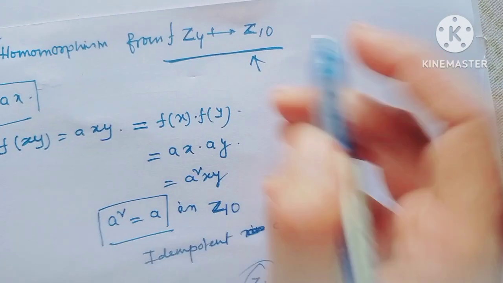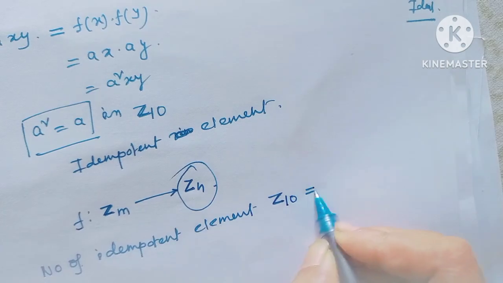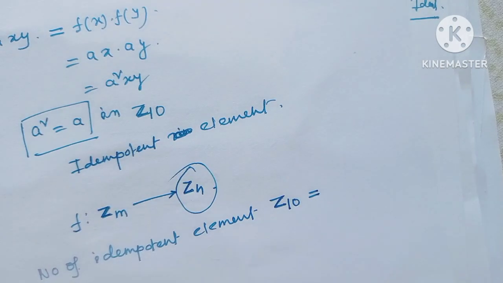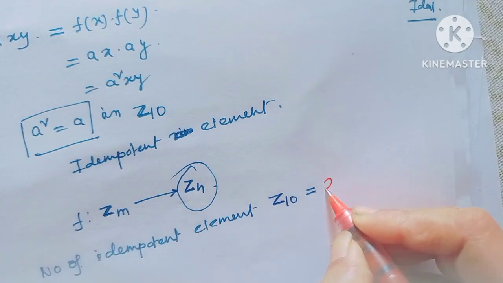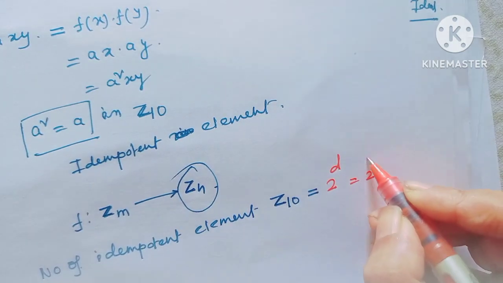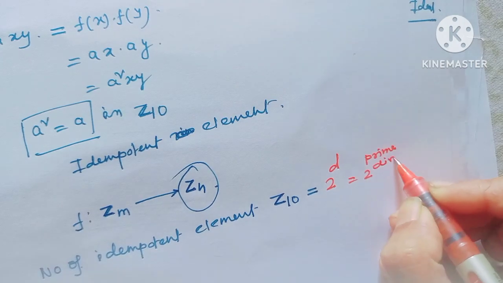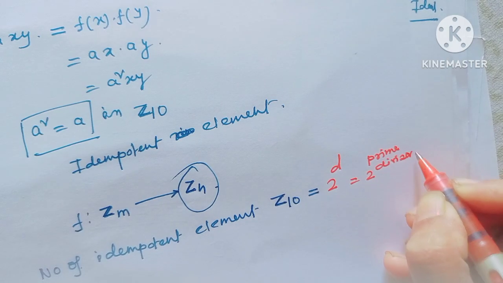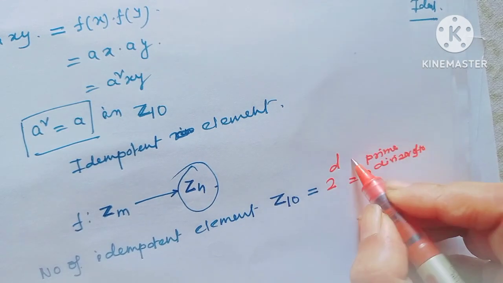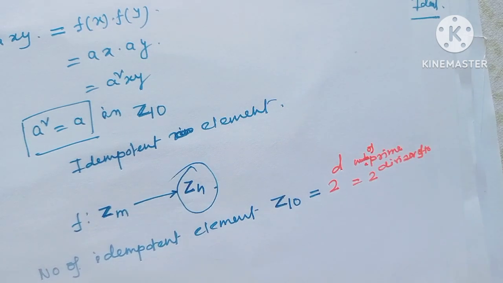For Z10, the rule is 2 to the power d. Here d is the number of prime divisors of 10.